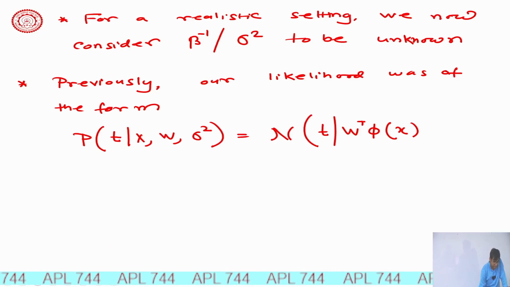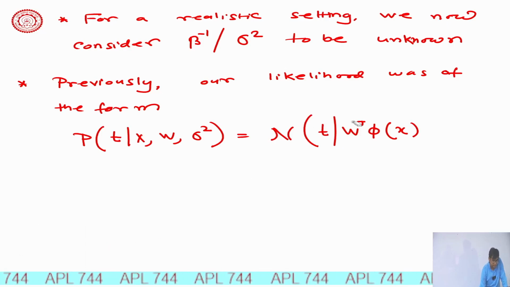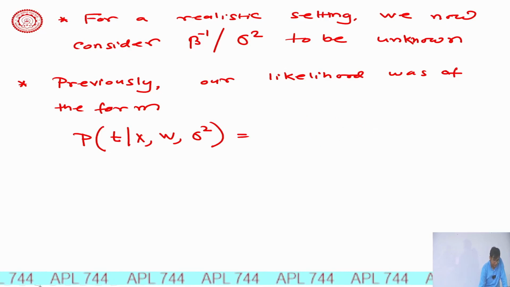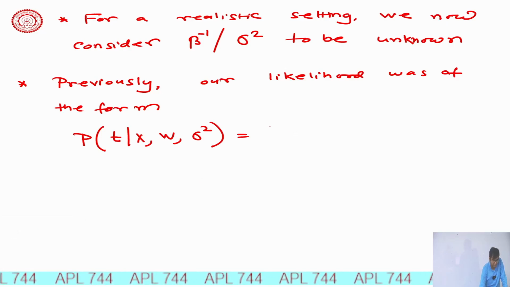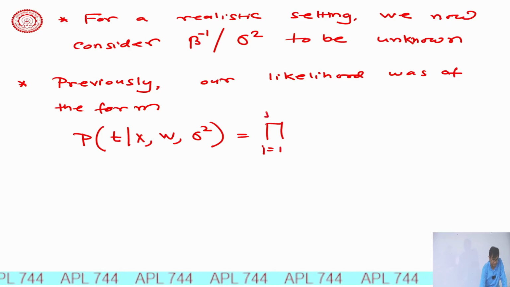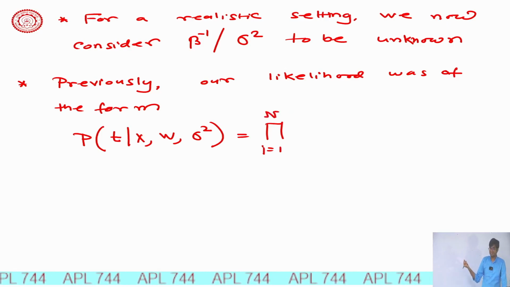Actually, I should write the same thing. How I wrote it, I wrote it as a product, if you remember, i equal to 1 to n, because the data were IID.